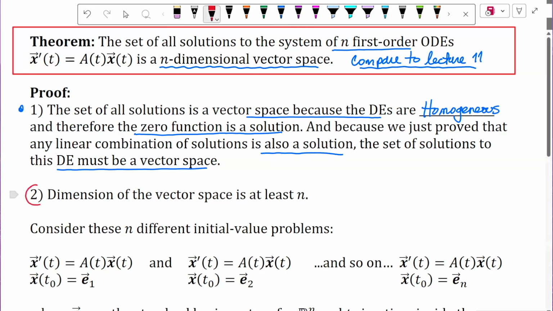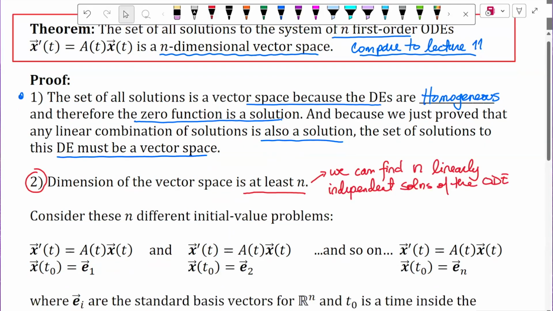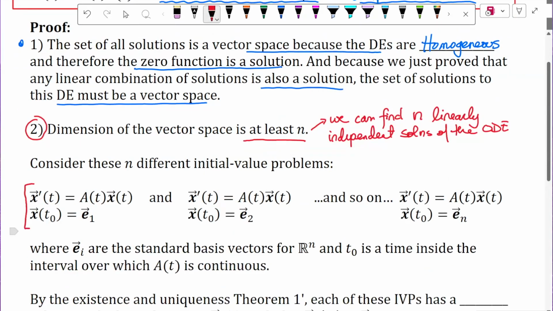Now we're going to prove that the dimension of that vector space has to be at least as large as n. And that's because we're going to be able to find n linearly independent solutions. The way we do that is to consider n different initial value problems where what changes in each problem is just the initial value.